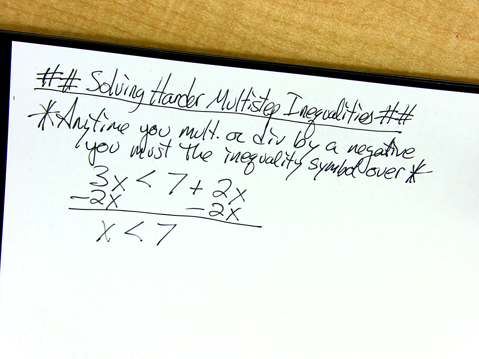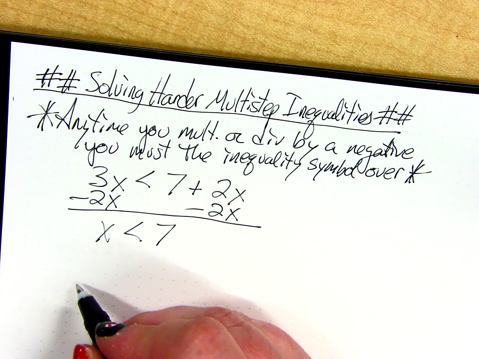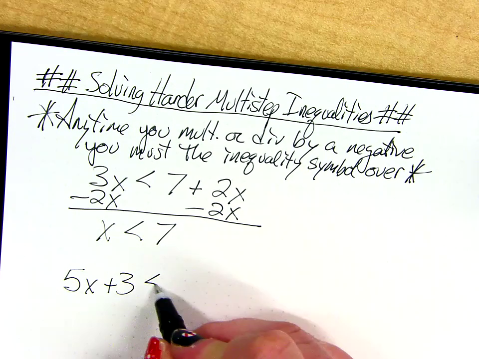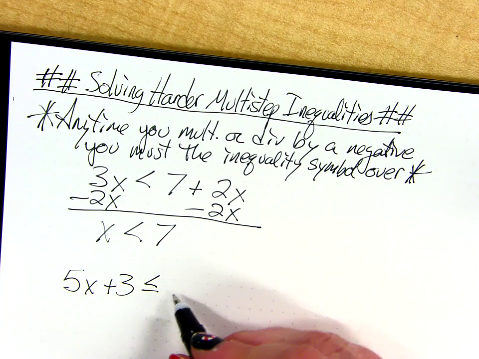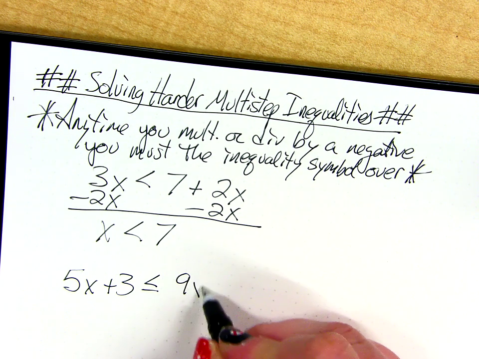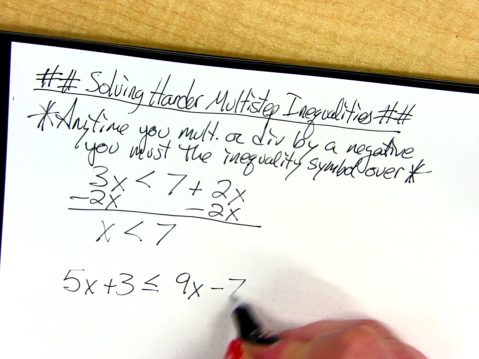Okay, let's try one a little bit tougher with 2 variables. How about 5x plus 3 is less than or equal to 9x minus 7?